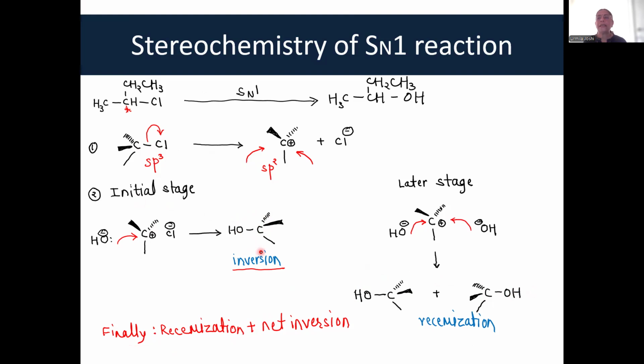So there is some excess of inverted product and the rest is racemized product. So with this, we finish the SN1 reaction mechanism and others.